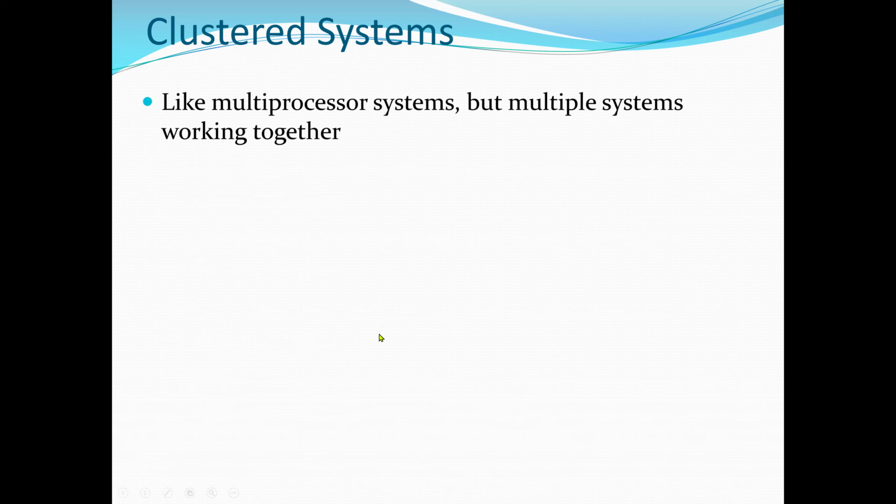It differs from the multiprocessor system described in the previous slide. Clusters are normally composed of two or more individual systems, so it is like a multiprocessor system, but with multiple systems working together.